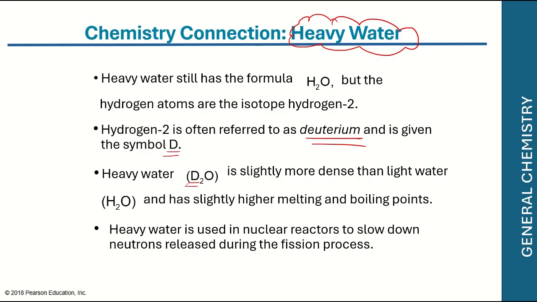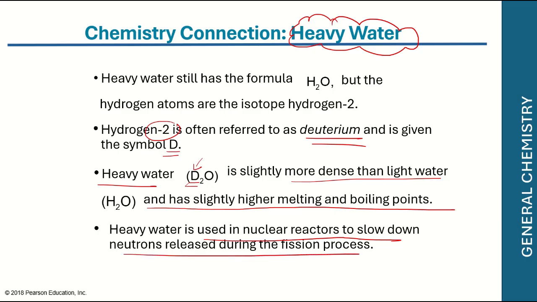Yes, but we call it heavy water because we are not using the regular hydrogen. We are using the hydrogen isotope that has mass 2 because it has more neutrons. It's slightly more dense than lighter water and has a slightly higher melting and boiling point also. We normally use heavy water in nuclear reactors to slow down neutrons released during the fission process, and there's some equipment that we use.